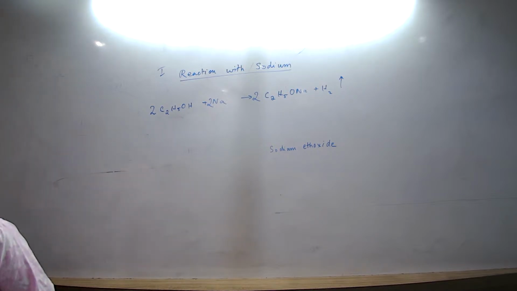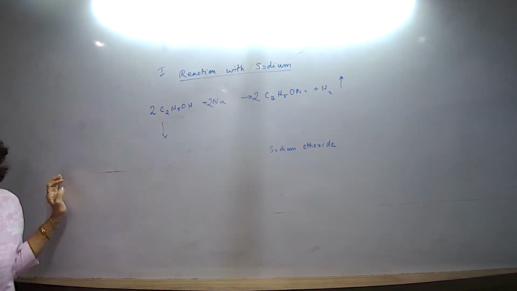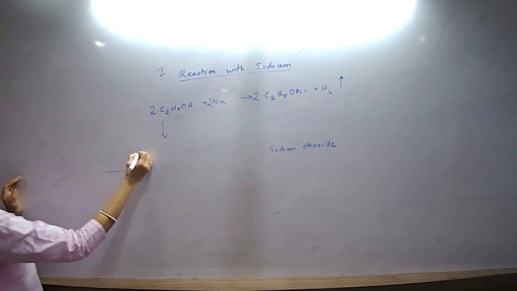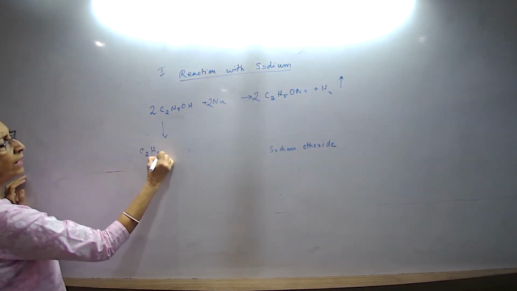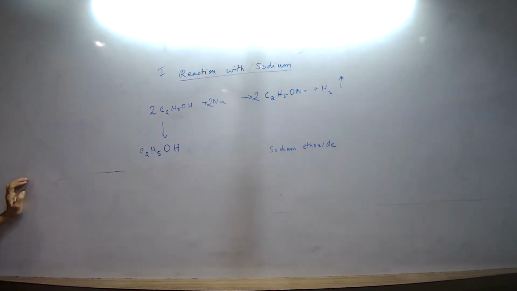In the text, it's given in another format, CH3CH2ONa. All of you please pay attention here. I said C2H5OH. That is what we have started off with. Look at the board, everyone.